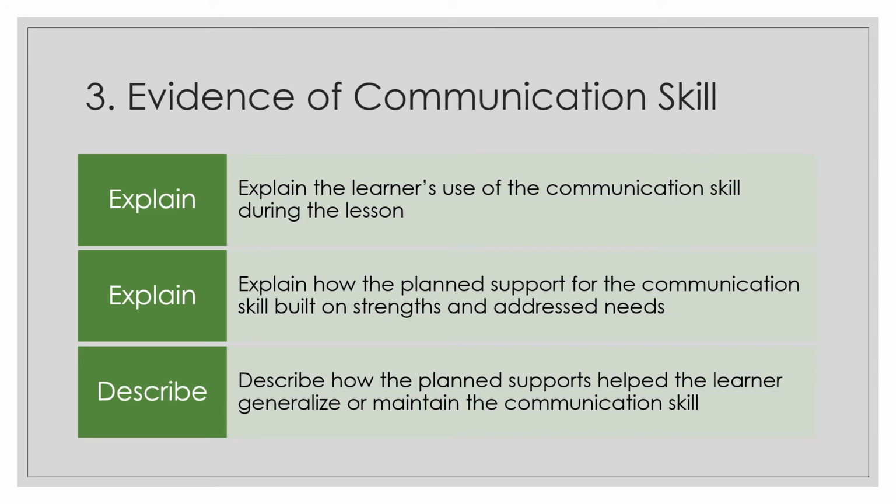So now you're going to make sure this matches what you said in task 1. How did that build on the learner's strengths, and how did it build on the learner's needs? Again, you can go back to task 1 because you already wrote about this in task 1. They just want to be reminded.